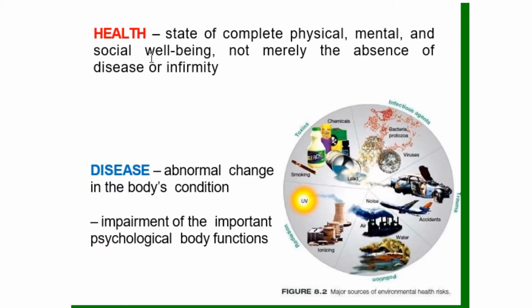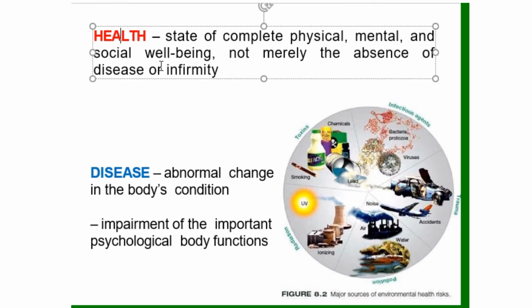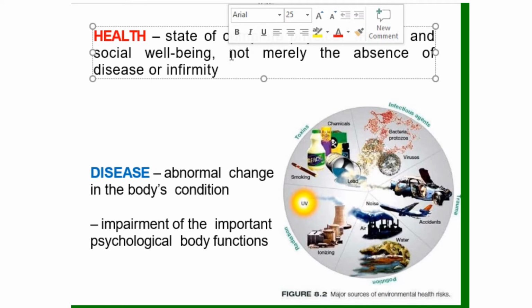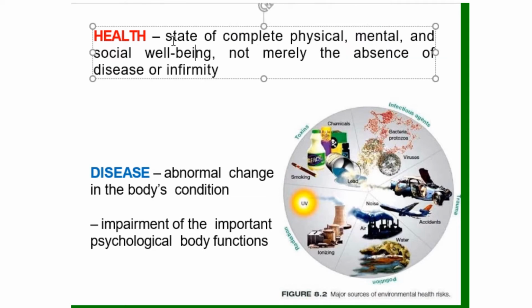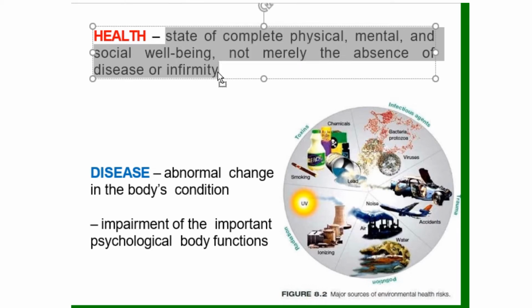Next, we have the definition of health. Health, as defined by the World Health Organization, is the state of complete physical, mental, and social well-being, not merely the absence of disease or infirmity.